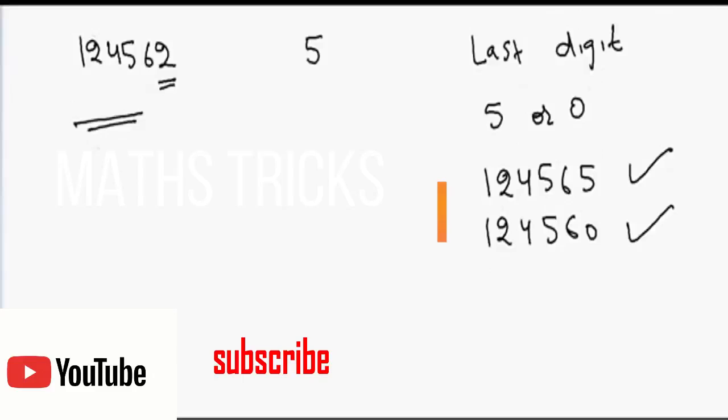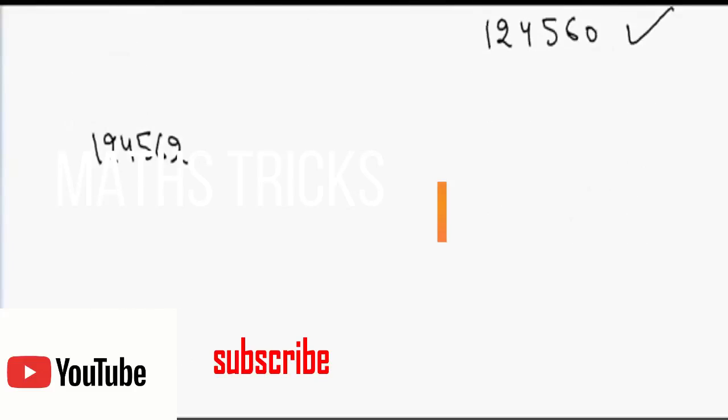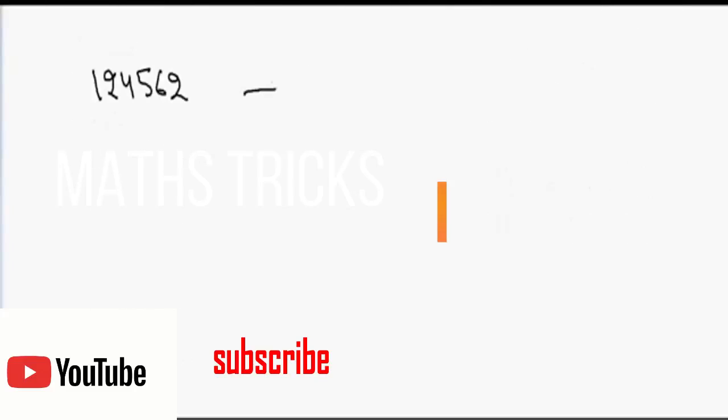Now let's talk about divisibility by 6. So I have 1 2 4 5 6 2. Is this number divisible by 6? To check that, we know that 6 is a multiplication of 2 and 3. So we have to run the test for 2, and then we have to run the test for 3. Because this is an even number, we know that it is divisible by 2.